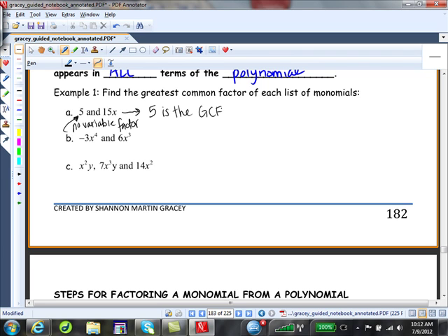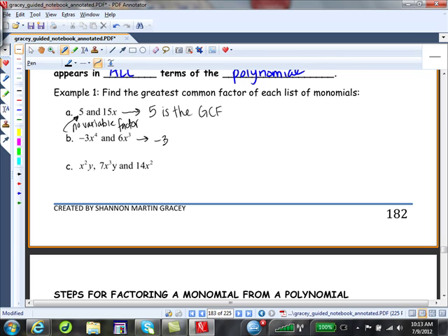Okay, let's take a look at this one. Now, looking at the constants, -3 and 6, there are two possible results. You could have said -3, or you could have said +3. I'm going to go ahead and factor out a -3.